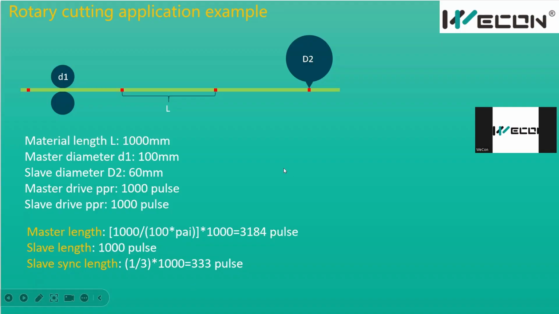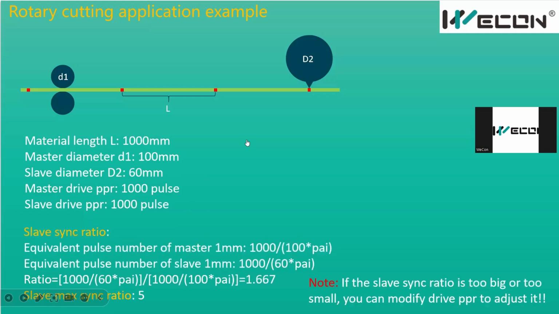Okay, and let's check other parameters. This is the slave sync ratio. This parameter is how to calculate this ratio. First, we need to calculate these two parameters. What do these parameters mean?